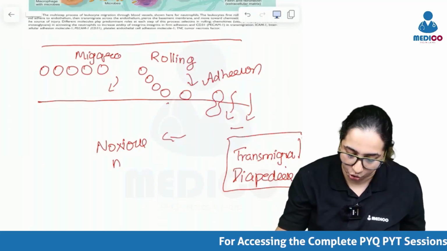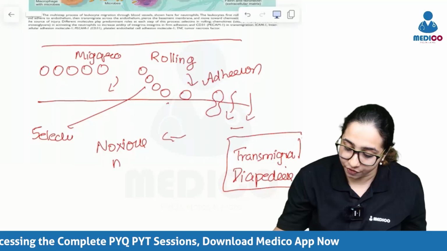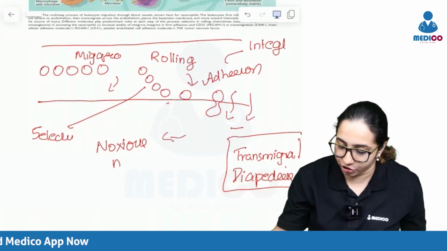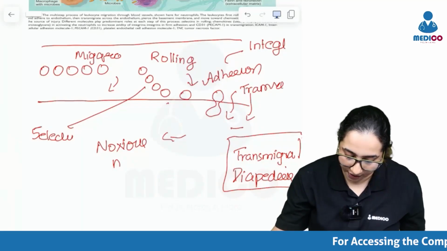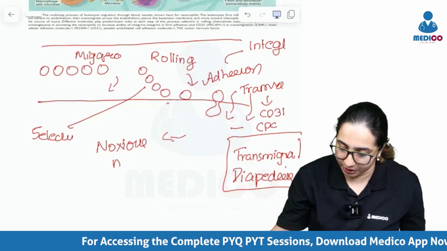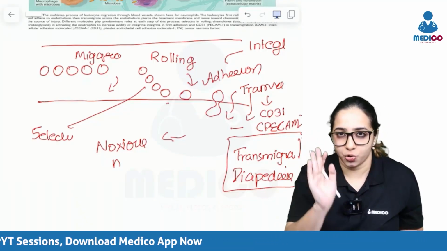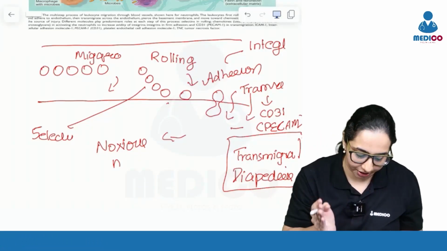In rolling, you have selectins. For adhesion, you have integrins. For transmigration, you have CD31, PECAM. Okay. So migration, rolling, adhesion, transmigration or diapedesis.